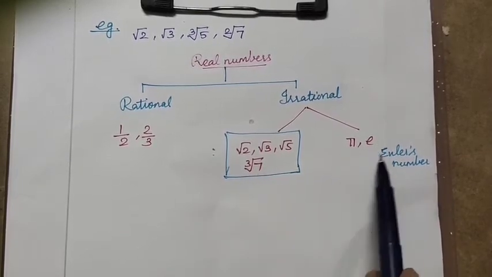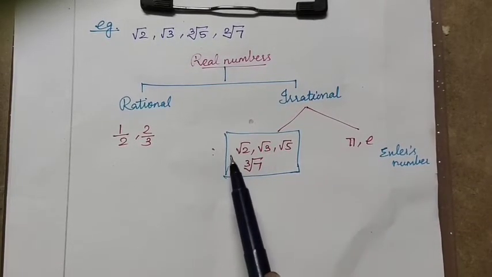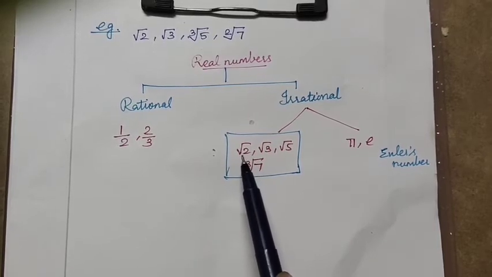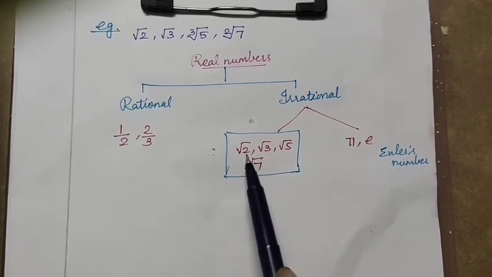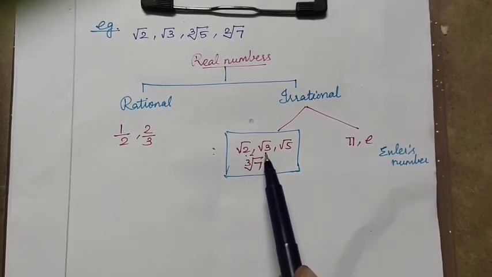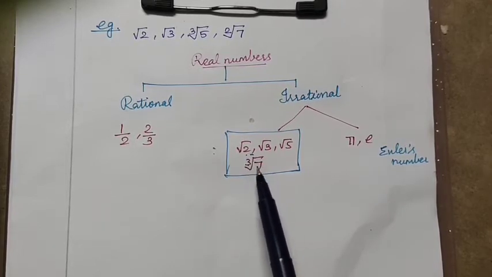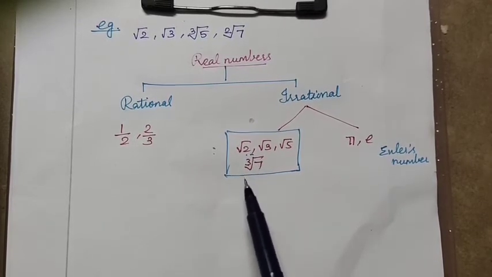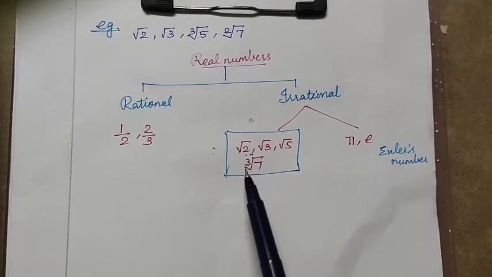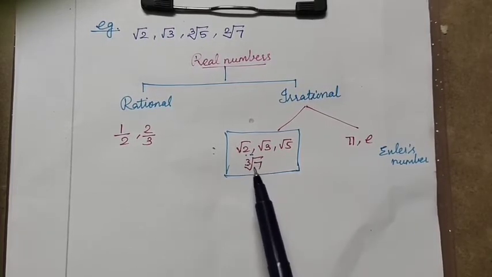So these are not surds. If a is a positive rational number, n is a positive integer, and if nth root of a is an irrational number, then nth root of a is called a surd.